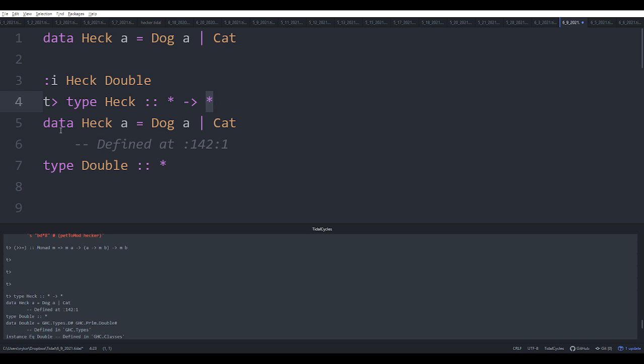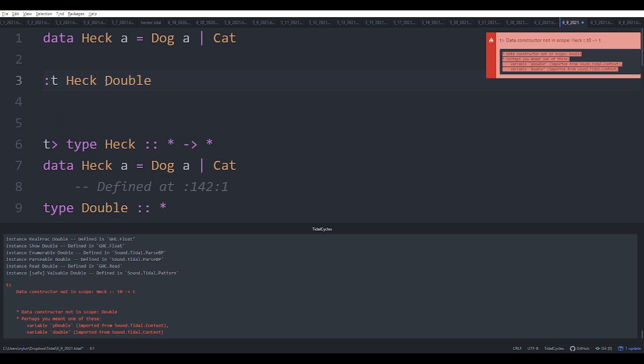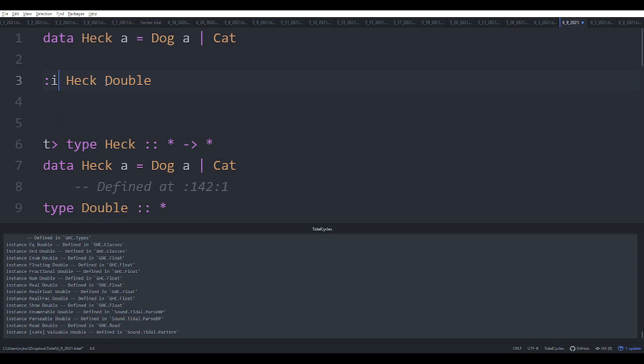And then we say data Hack A equals Dog, and then saying type double, and if I remember correctly, this should work. Oh. No, unfortunately, it doesn't. I was hoping for the more complicated thing, but it didn't.